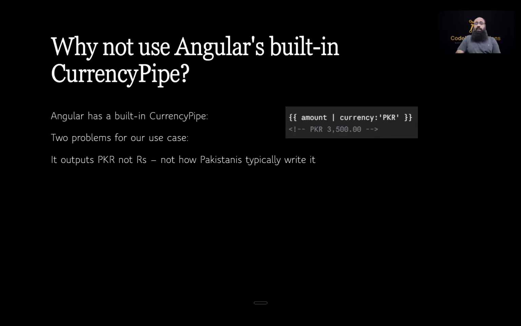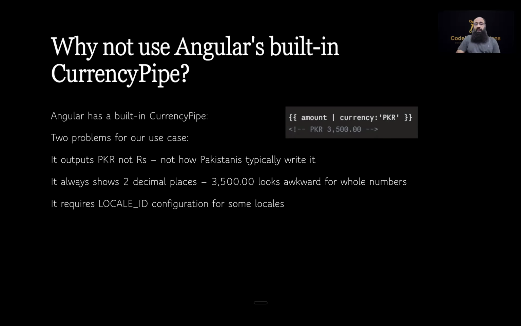It shows PKR instead of Rs, so not how Pakistanis typically write it, and it always shows two decimal places. For certain numbers, we do not want these two decimal places, and it sometimes requires locale configuration. So our custom pipe gives us full control over the exact format we want, and if we need to change it, we can do that.